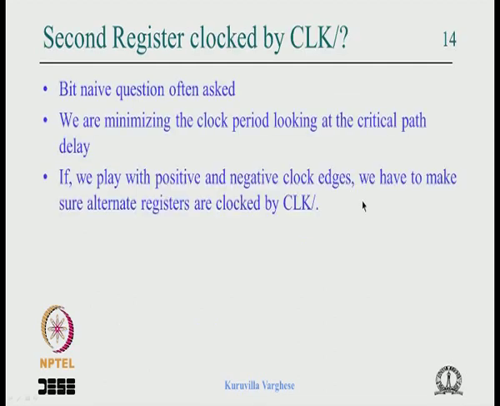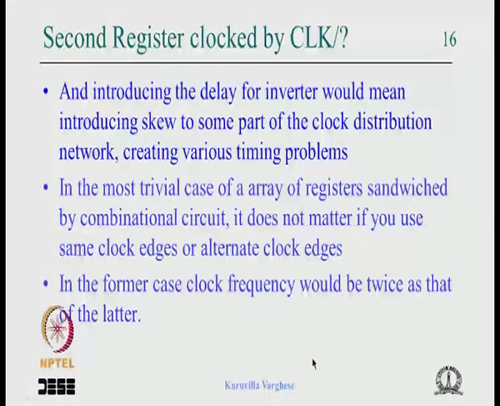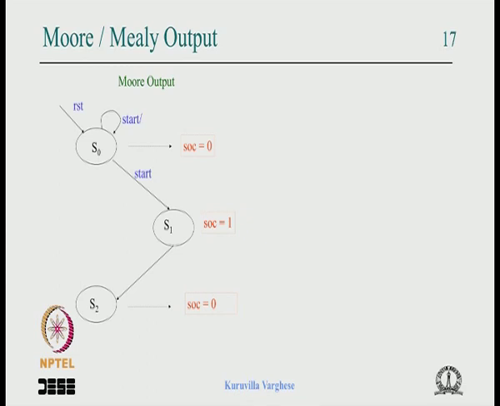And timing wise, we have seen there is no big deal, because if it is possible to use half the clock period, then this T clock min by 2 has to accommodate the maximum delay. The only thing is that the clock period will be twice that of clocking by a single edge, so the clock frequency comes down. That is the only advantage, but practically it is not possible to do that. That is a simple answer.